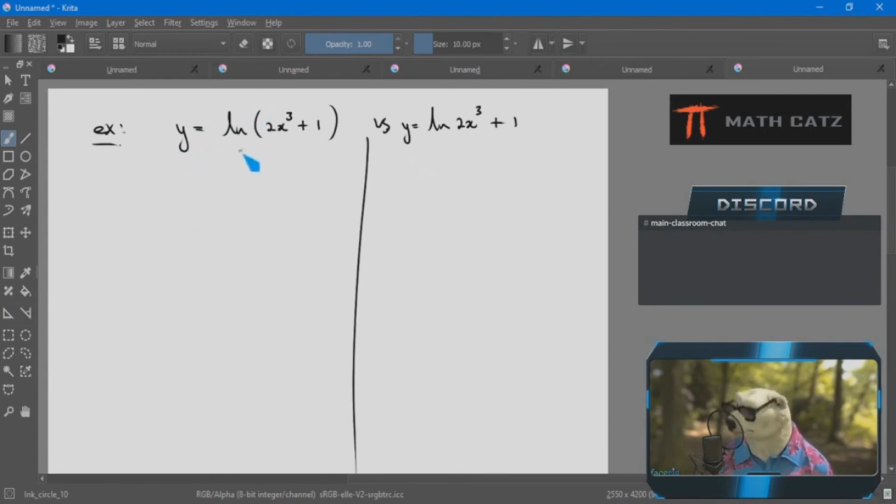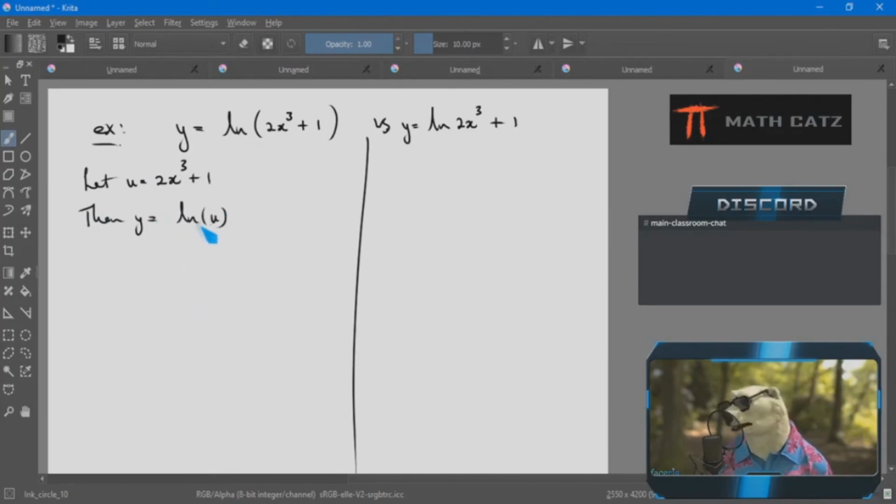This one's first. This is our first time on this function, so let's have our help u, because this is a chain rule situation, right? And the obvious choice here is u equals 2x cubed plus 1. Then my outside function is natural log of u. If it helps you, put brackets there.